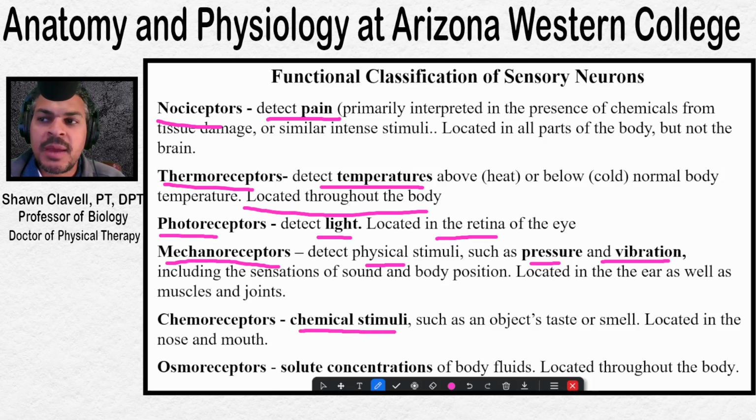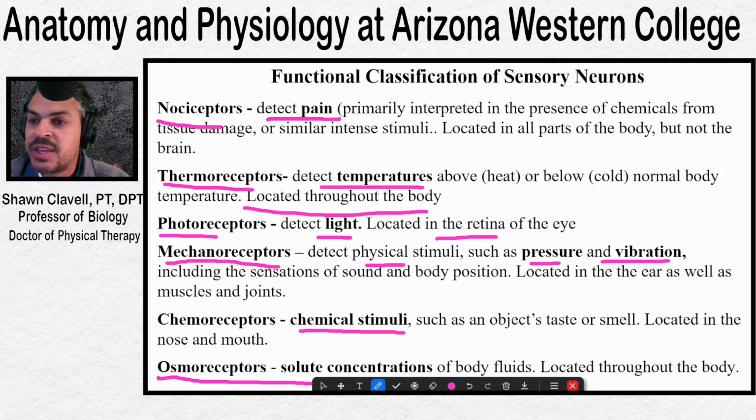Chemoreceptors monitor chemical stimuli, so objects that taste or smell, and they're located within your mouth and your nose. And the last one there are osmoreceptors, and they measure solute concentrations, right? So we're looking at concentrations of body fluids throughout the body, and that's a big one, right? Because our cells need that maintenance of optimal solutes in water.